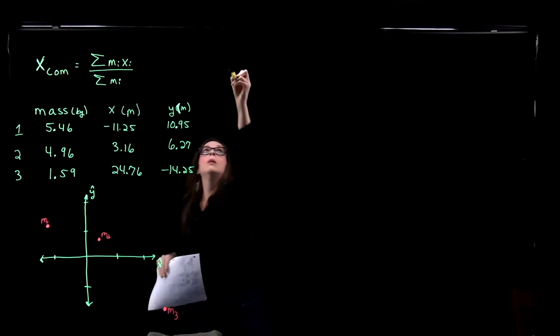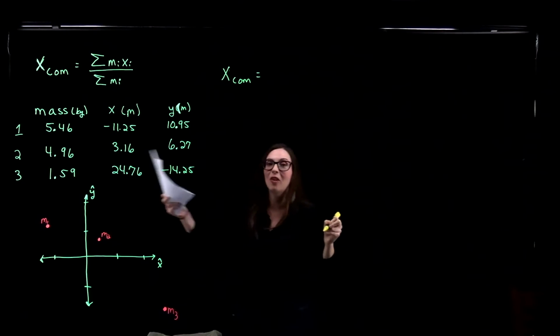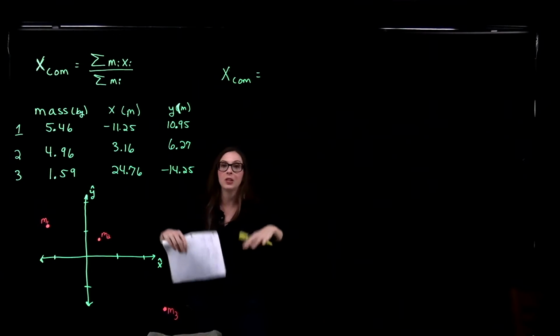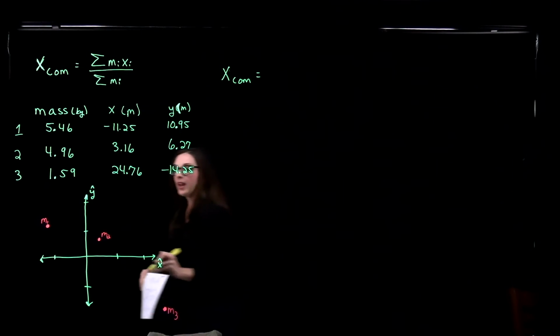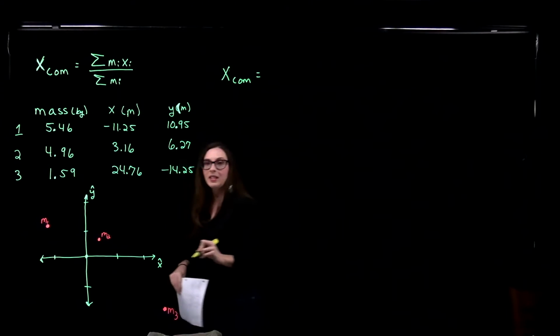We go x center of mass equals, I've got to take the sum of all my individual masses times their position with respect to some place where I'm calling x equals 0. You can choose x equals 0 to be wherever you like. We have a coordinate system here, so the center of my coordinate system is my x equals 0.